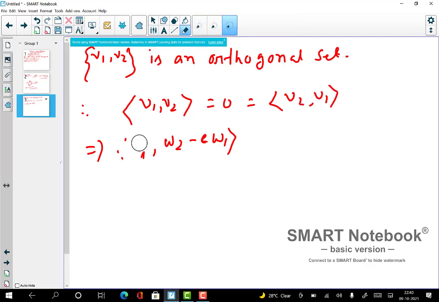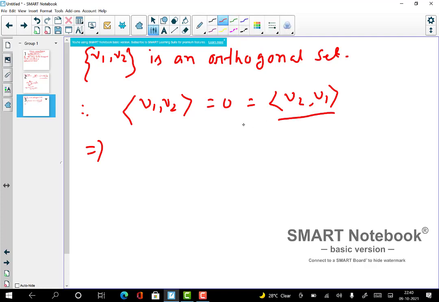In general, we use this fact. But over R, it is not a problem. Over R, both are same. So let me use this fact that W2 minus C W1 minus W1 is 0, right?